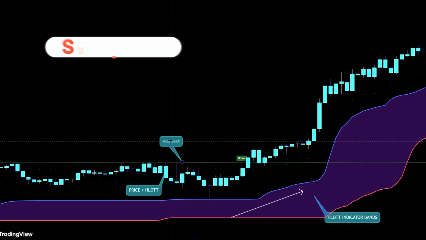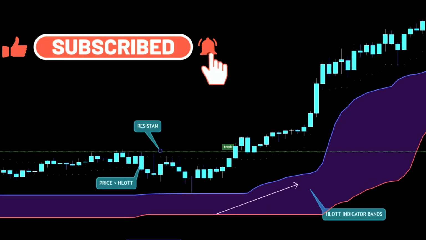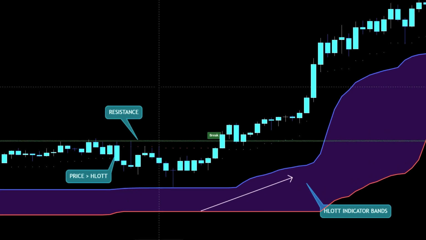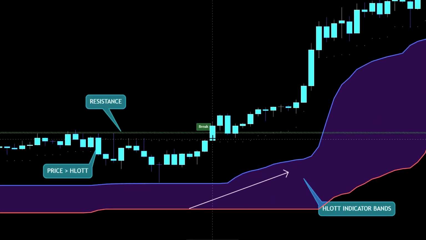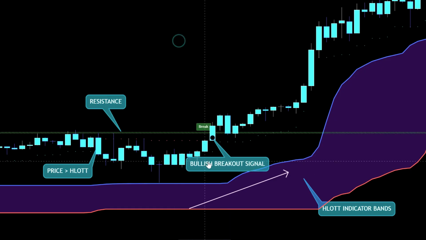Once we've got that, we start looking for a resistance level, a point where the price has struggled to push through before. Now, the key is to wait for the breaks and retest indicator to give us a bullish breakout signal, meaning a candle closes convincingly above the resistance level. That's our cue for a potential buy entry.